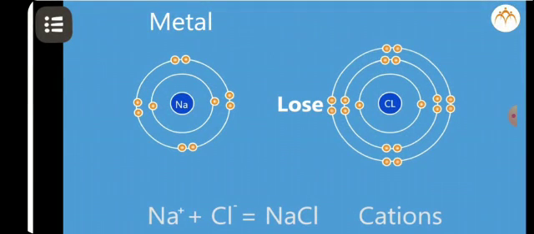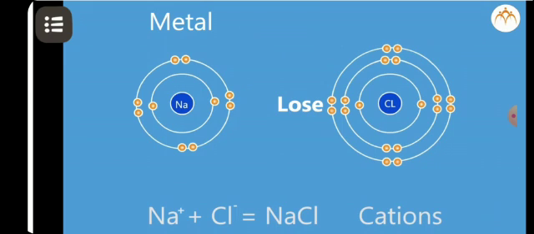Sodium loses its one valence electron, and sodium cation is formed in the formation of sodium chloride. Here sodium is a metal and chlorine is a non-metal. Chlorine accepts electron and it forms anion, and sodium loses one electron and it forms cation.